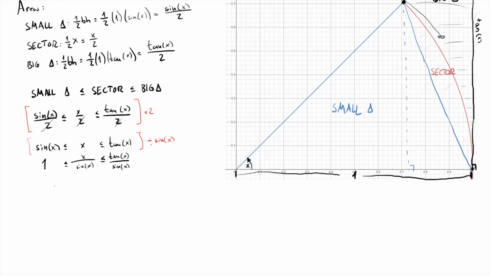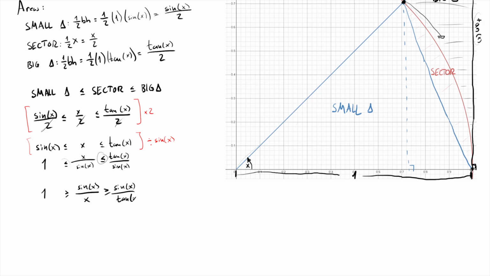Okay? When we take the reciprocal, we're going to get 1. And then you have to remember that the signs on your inequalities are going to switch. So now it's going to be that 1 is greater than or equal to sine x over x, which is greater than or equal to sine x over tan x.